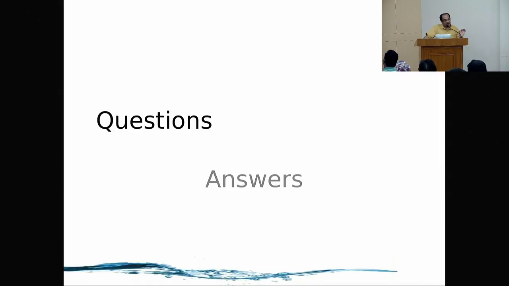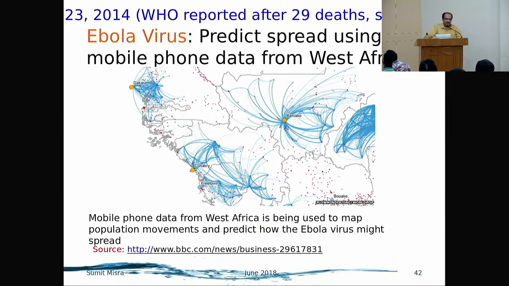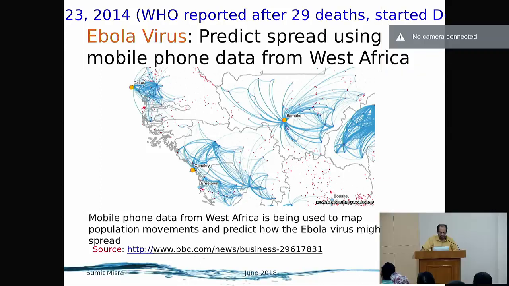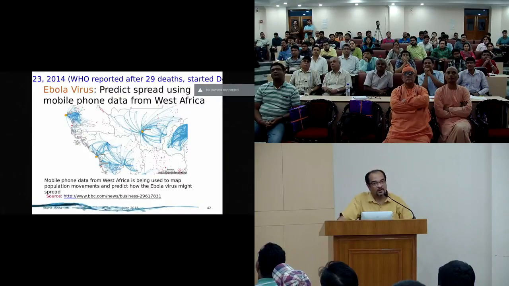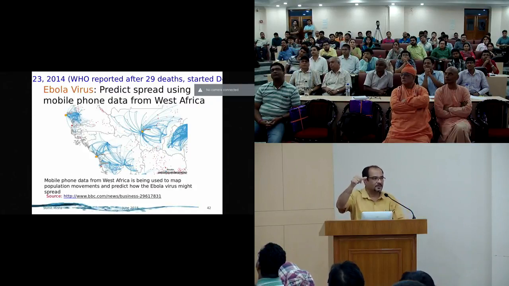I'll just give one example where it was used. Streaming was used in a socially important example. In 2014, the WHO reported that after 29 deaths, the Ebola virus is deadly. Then stream analytics of call records was used. You also heard about call records today.